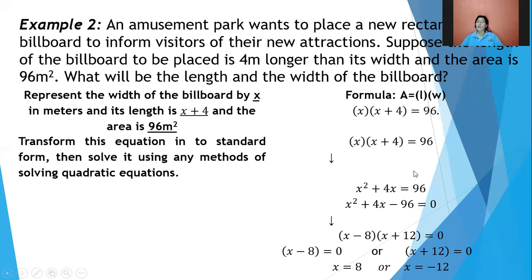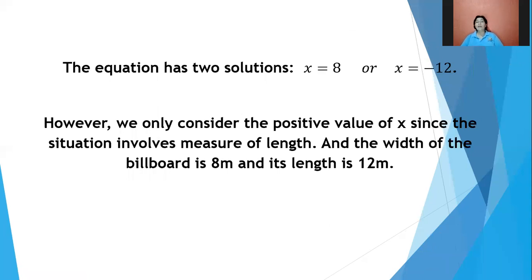Since we are talking about area, we have to consider the positive number, because there is no such thing as negative distance. The length and the width are all positive.